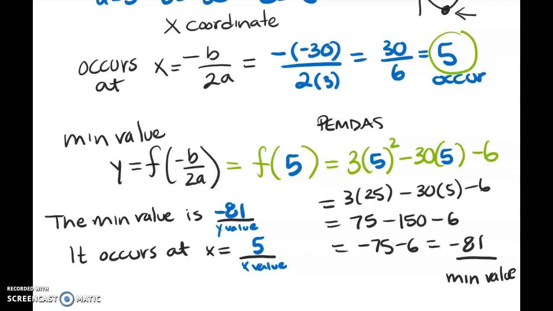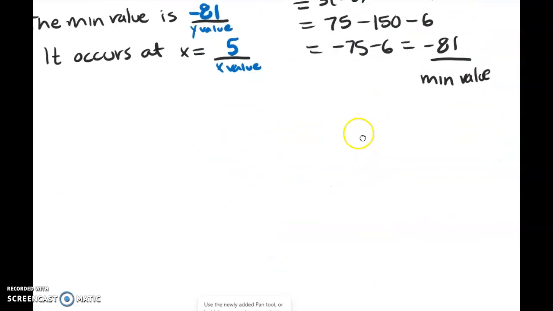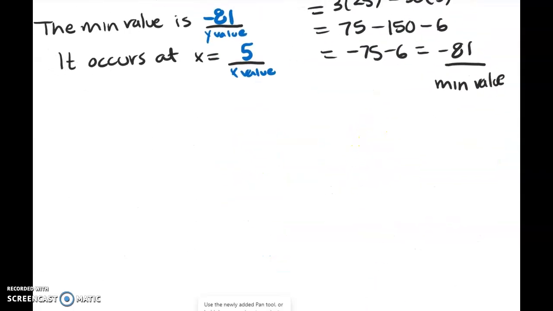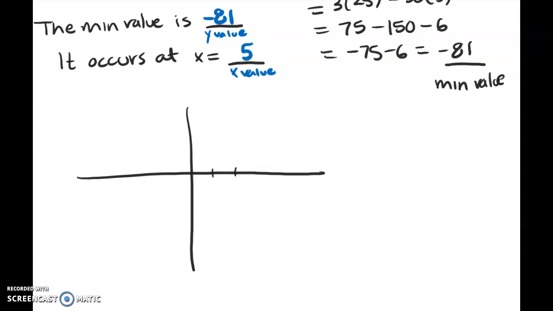So that means that if we were to graph this, if this was 5 on the x, and here's negative 80, so it would just be past that. So this would be the vertex point.